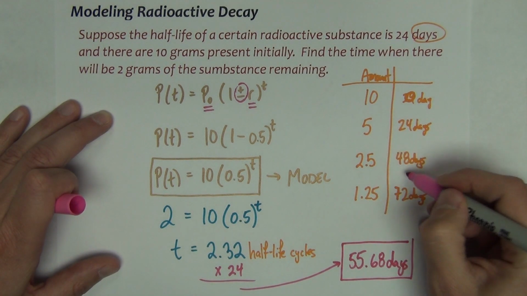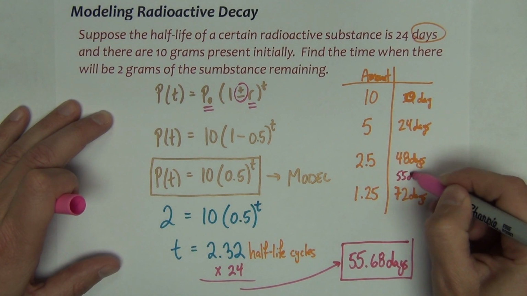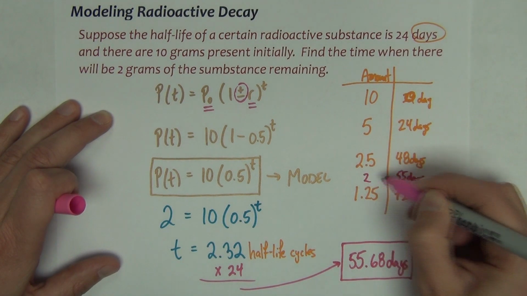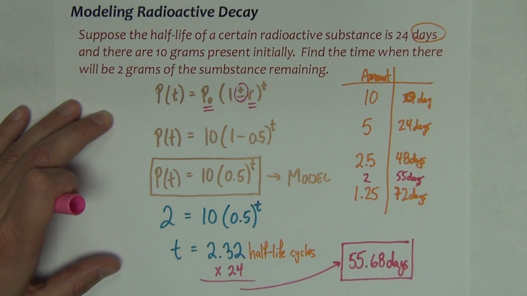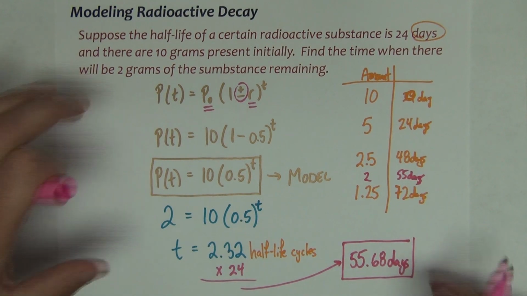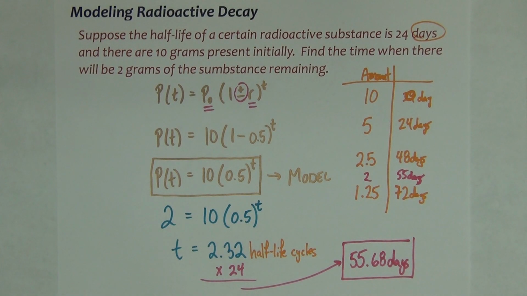That kind of makes sense, that around 55 days we might have 2 grams left over.